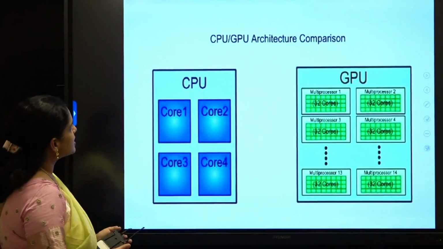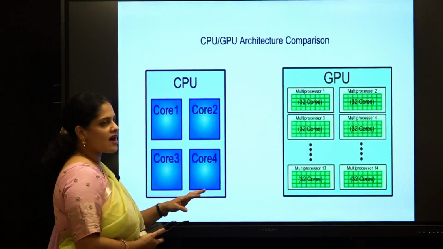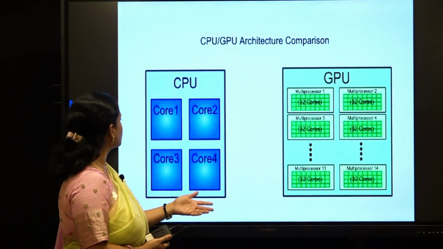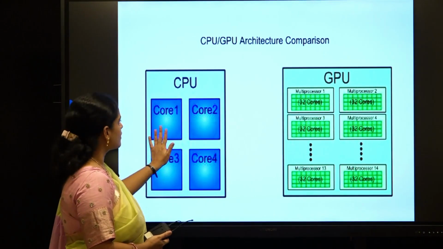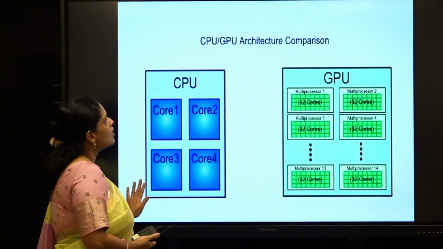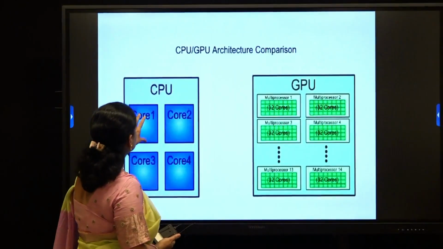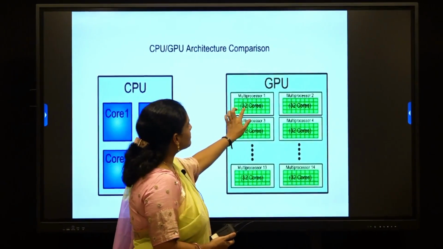So this is the CPU architecture comparison. As I told you, you have dual core, quad core, 8 cores and so on. This is a simple CPU which has 4 cores. Cores are nothing but functional units present internally in your CPU. Coming to a GPU, we call these multiprocessors.